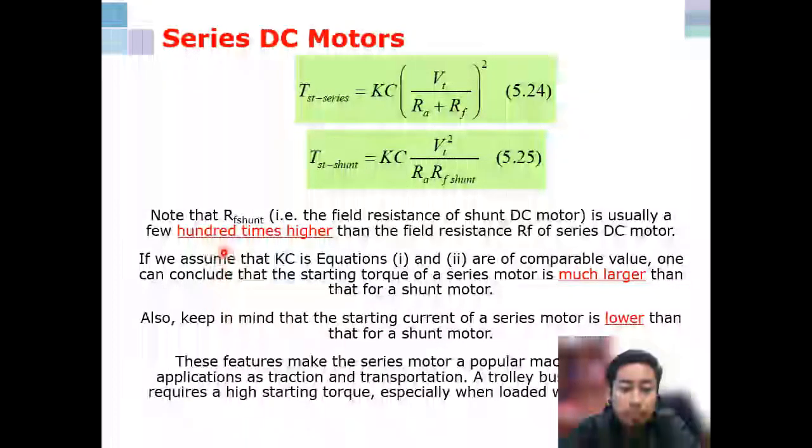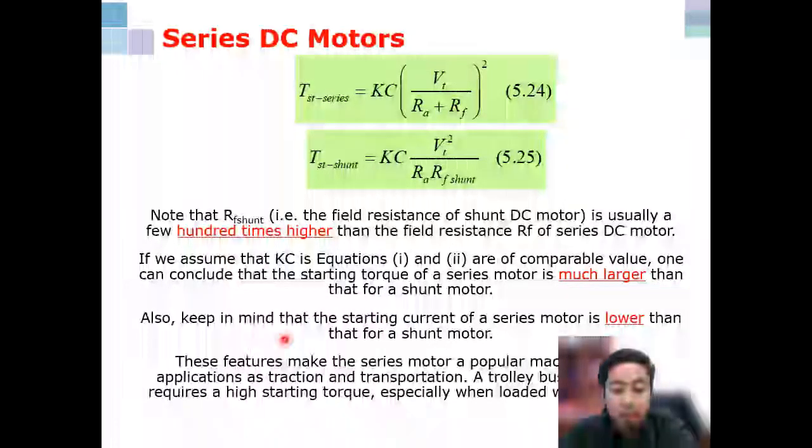Take note that the field resistance of the shunt motor is usually a few hundred times higher than the field resistance Rf of the series motor. If we assume the Kc in equations 5.24 and 5.25 are comparable values, one can conclude that the starting torque of the series motor is much larger than for the shunt motor.